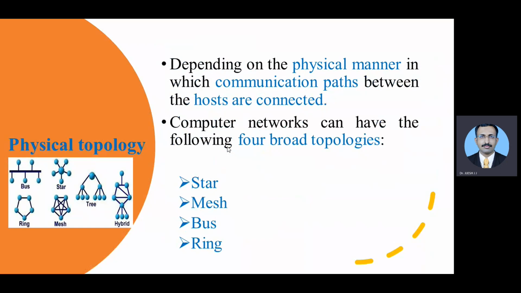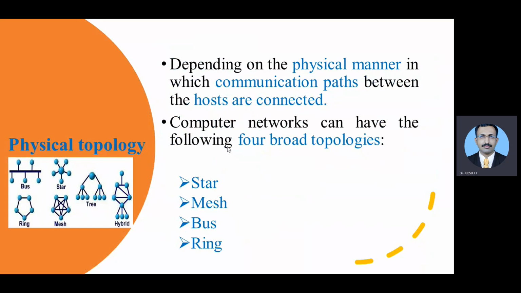So physical topology is the next one. Depending on the physical layout or the connection between the devices, like in which way one node is connected to another node, based on that you can classify it into different types. We are focusing here on star topology, mesh topology, bus topology, and ring topology.